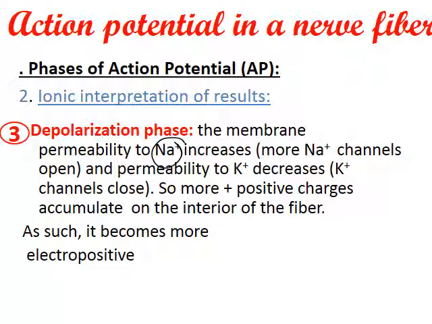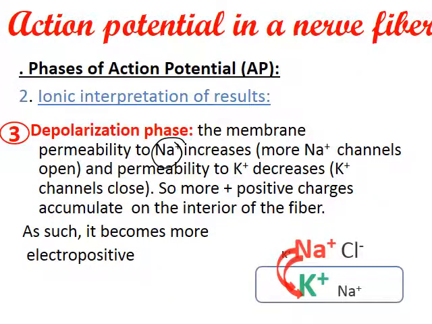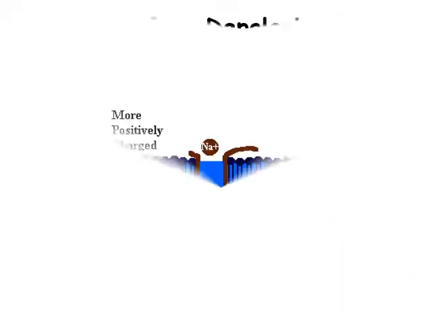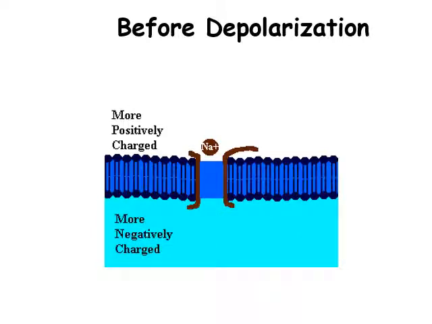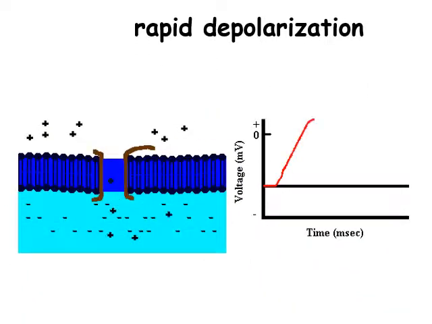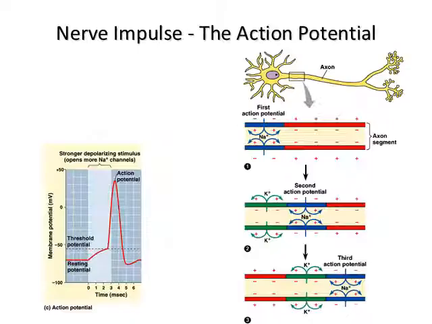It becomes more electropositive. Before depolarization, it is more positively charged on the outside and more negatively charged on the inside.